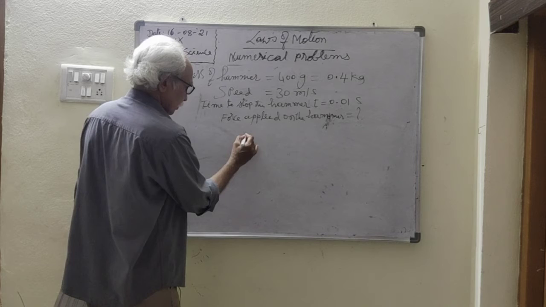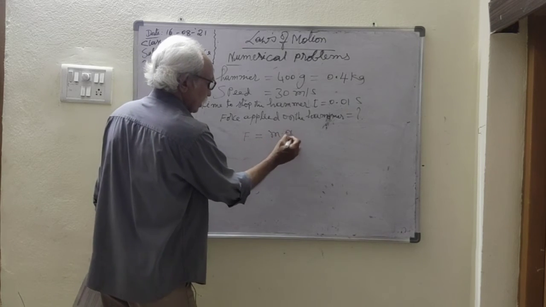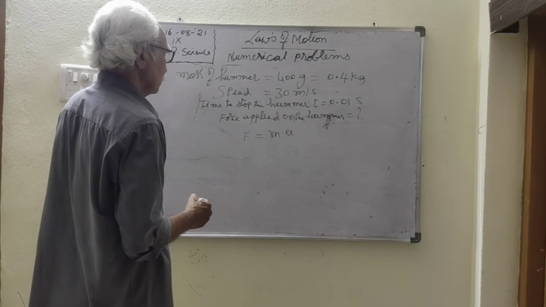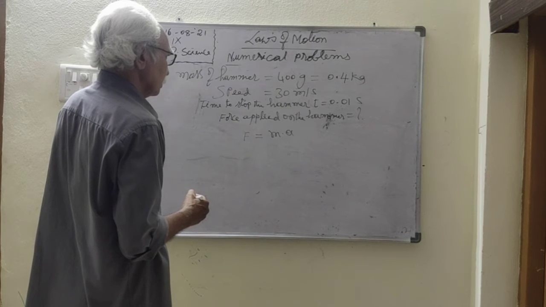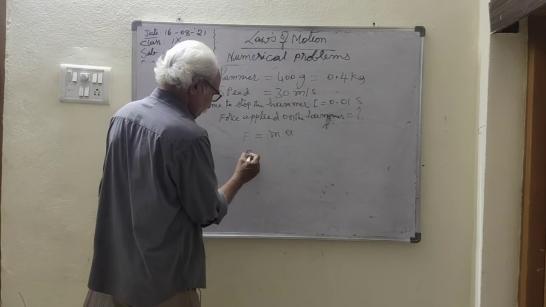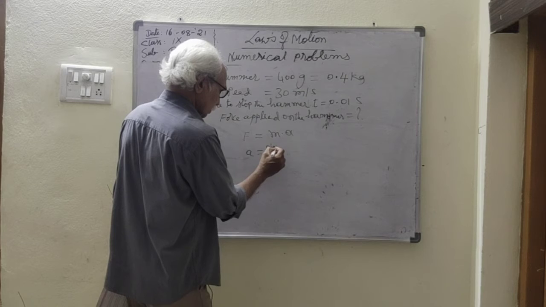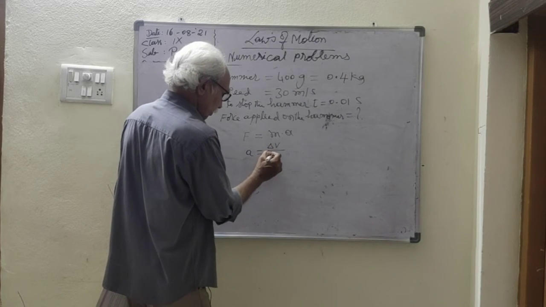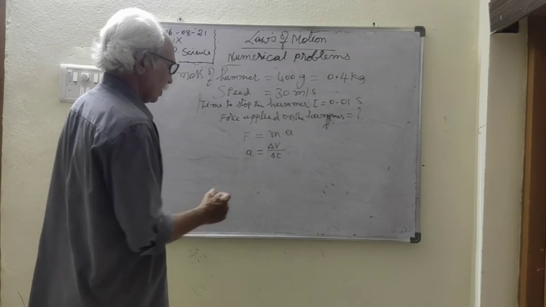You know that F is equal to M into A, and A is equal to change in velocity by time.